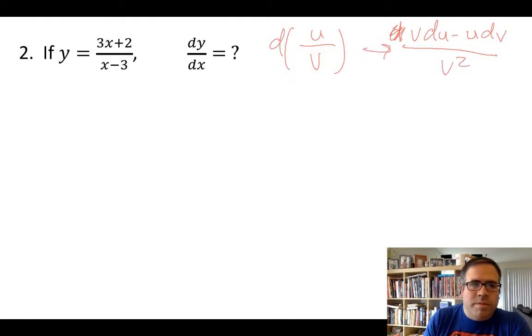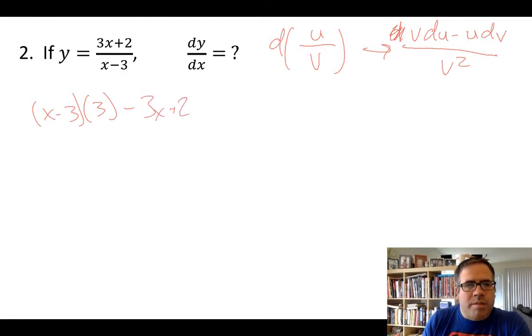So we have x minus 3 times the derivative of the top, which is just 3, minus the top, 3x plus 2, times the derivative of the bottom, which is just 1, all over x minus 3 squared.